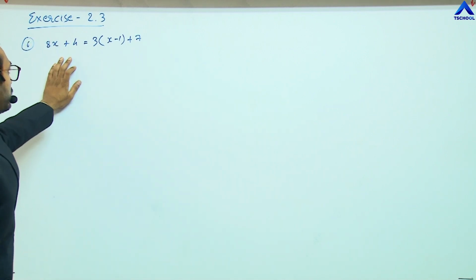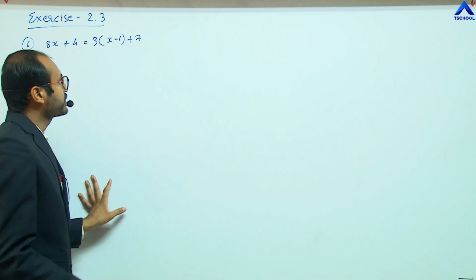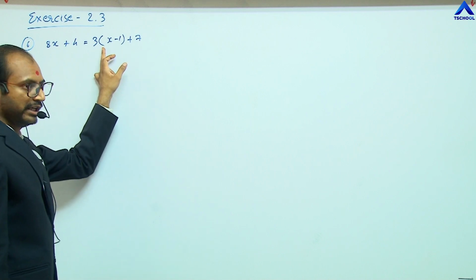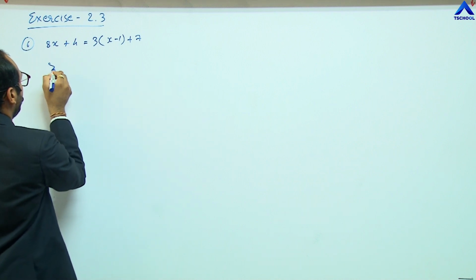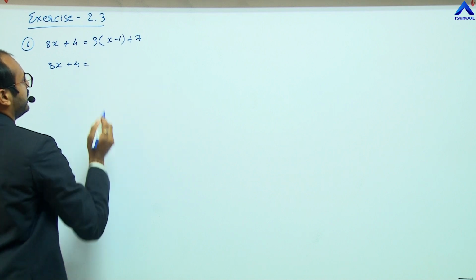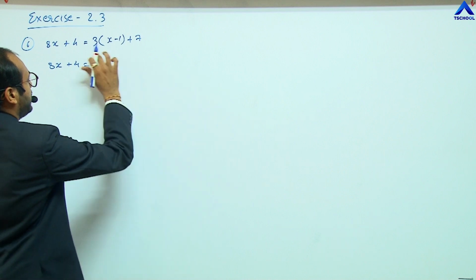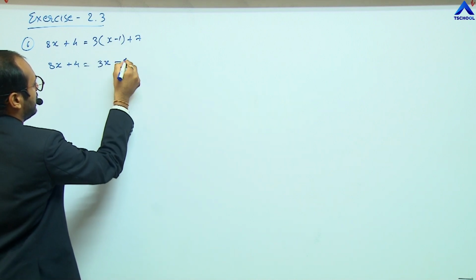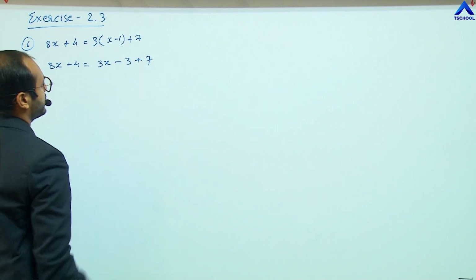How can we solve this problem? So first of all, remove this bracket. It means simplify this term. So what is the simplification? Take the 8x plus 4 as it is here. The distribution of multiplication over subtraction. That means 3x minus 3 ones are 3. Clear? And then plus 7.